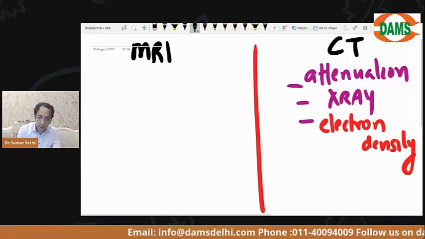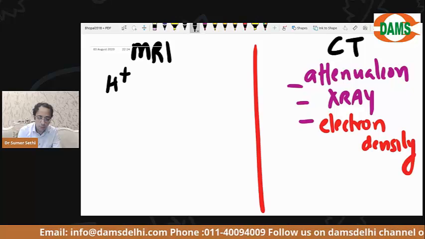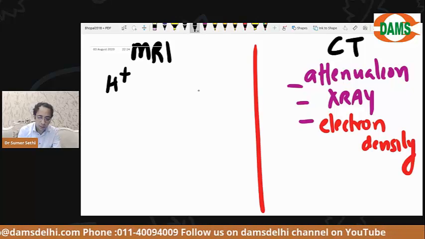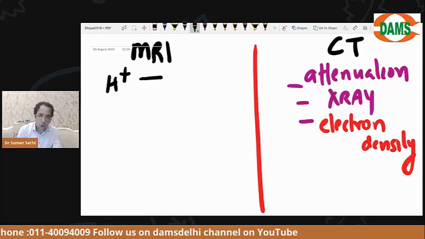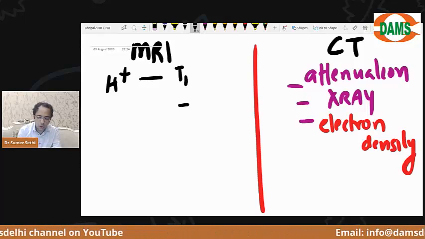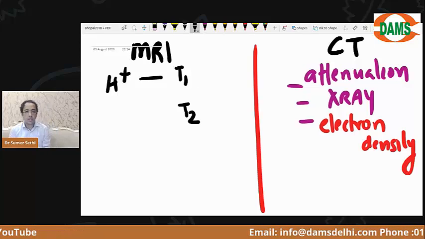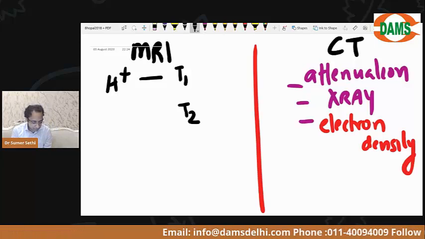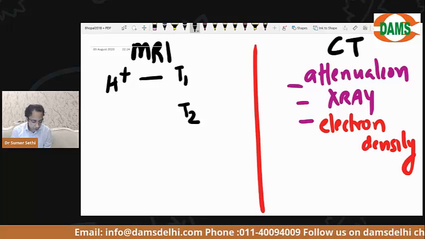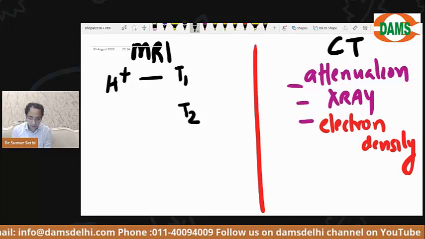On the other hand, MRI is dependent on hydrogen ions and how long the hydrogen ions take to show longitudinal and transverse relaxation. Is that understandable?